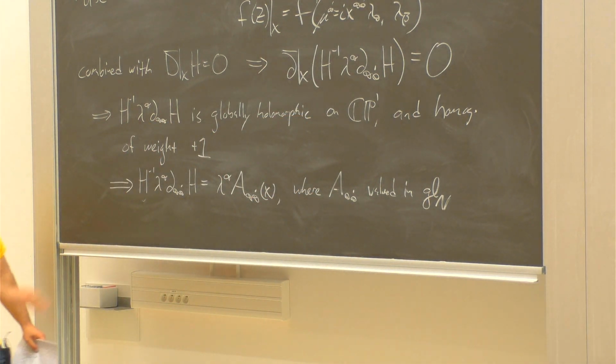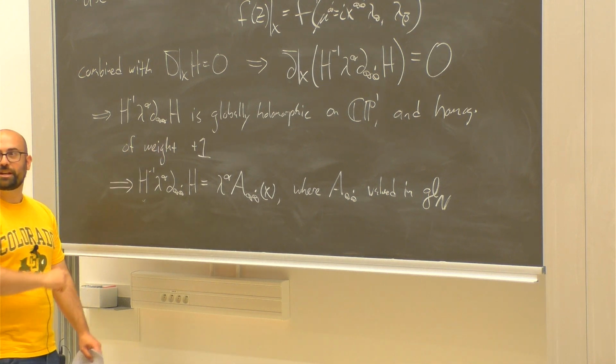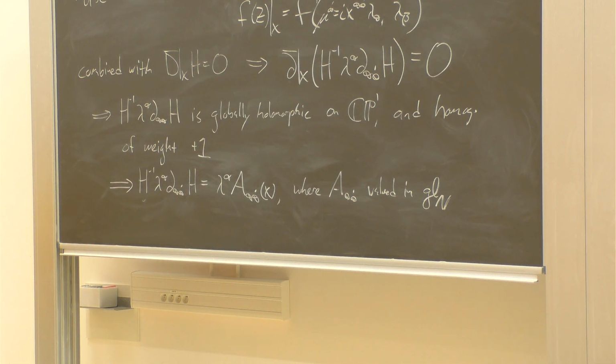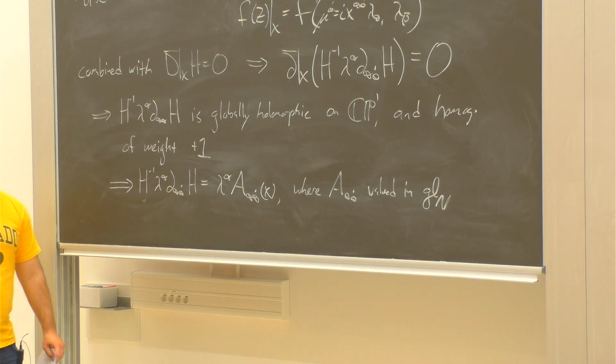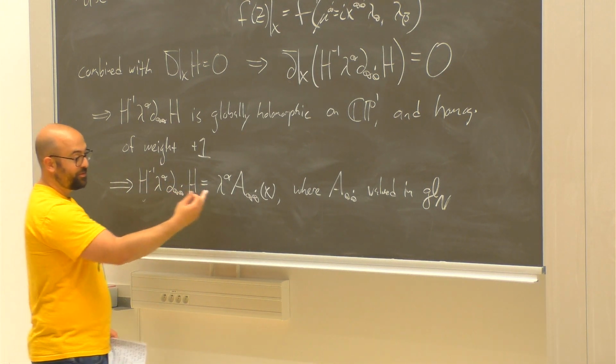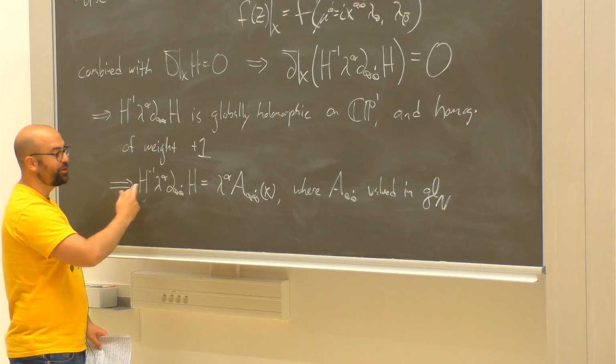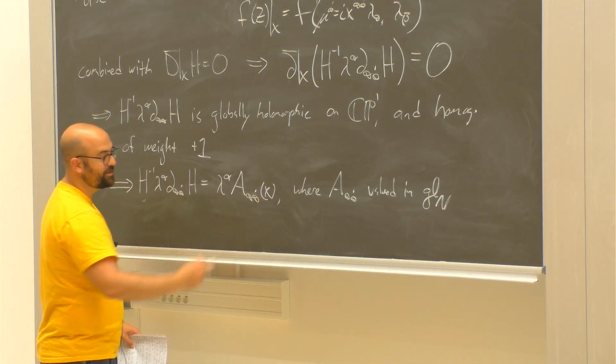Okay, so this is just a consequence of these generic homogeneity arguments. We have something that's globally holomorphic of positive homogeneity. It has to be a homogeneous polynomial on the Riemann sphere. And the coefficients of that polynomial have to be constant on the Riemann sphere, so they can only depend on the only other variable we have in the game, which is x.